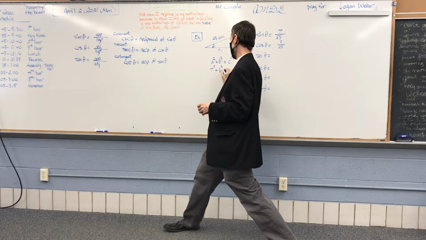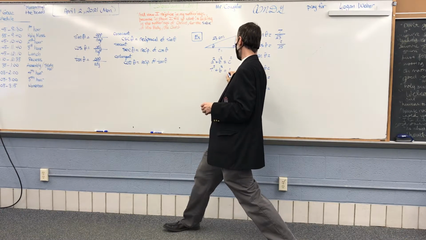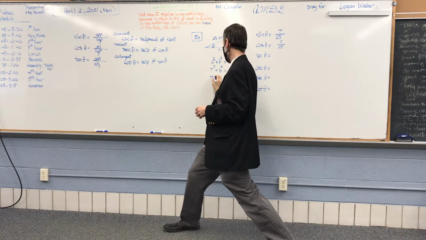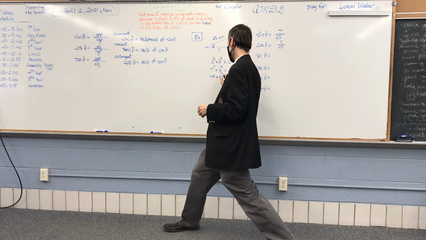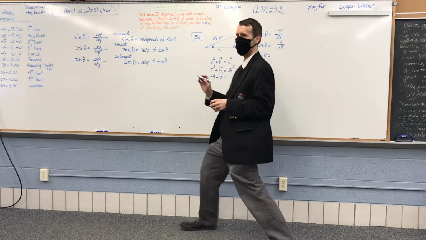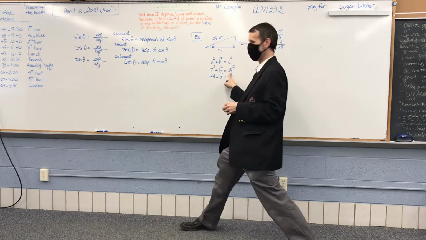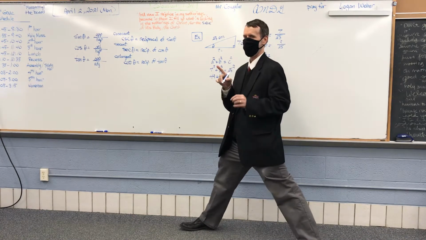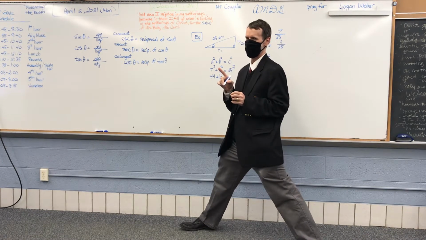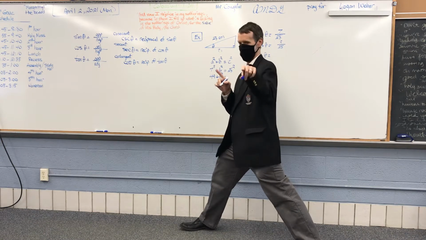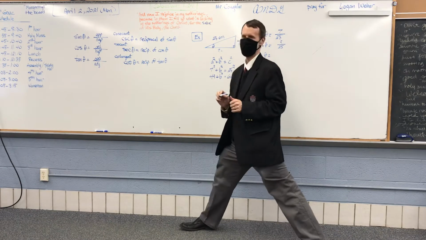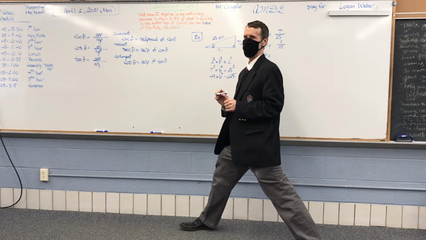7 squared plus B squared, because I don't know what it is, equals 25 squared. What's 7 squared? 49. And 25 squared is bigger: 625. Solve this, somebody. Two steps to do it.